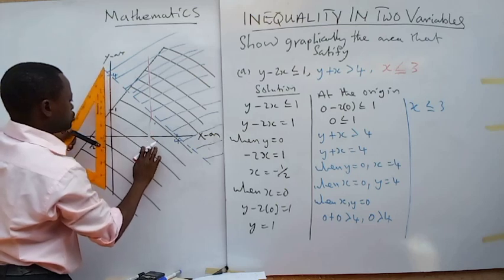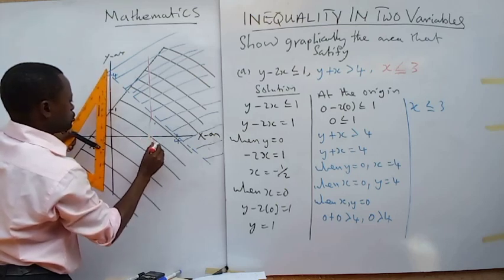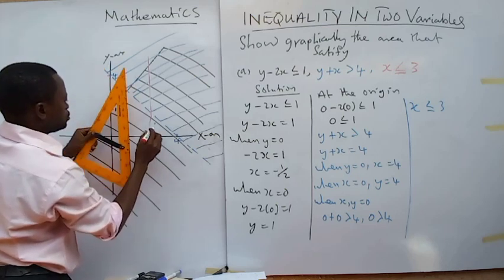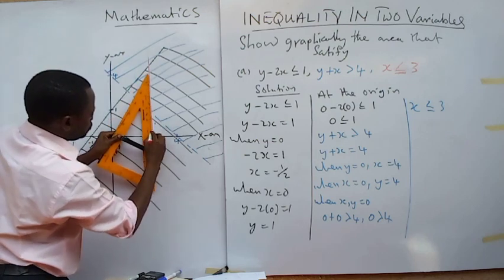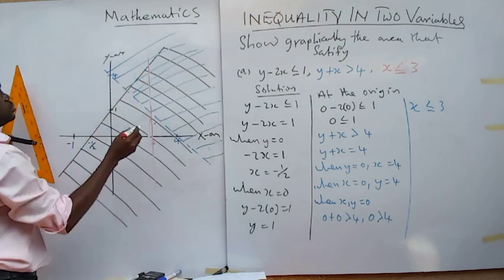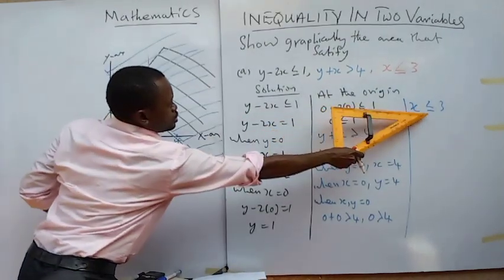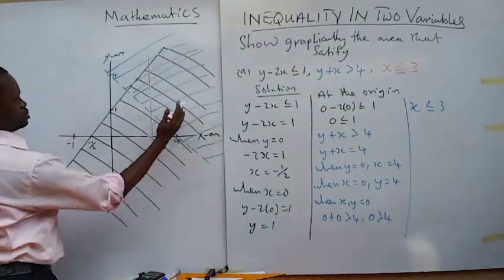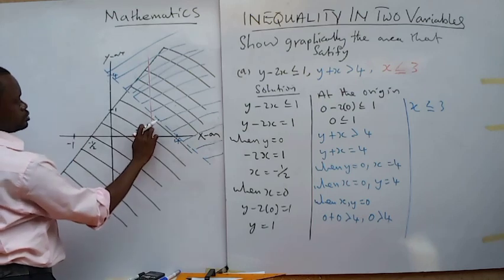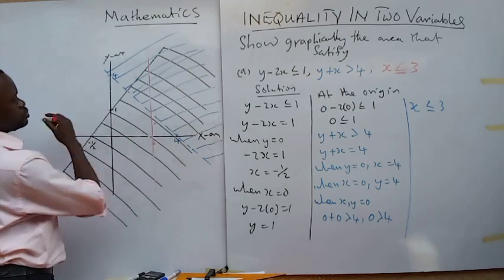Let me shift this a little bit. So x less than or equal to 3 means this way. This is the area that satisfies x less than or equal to 3.